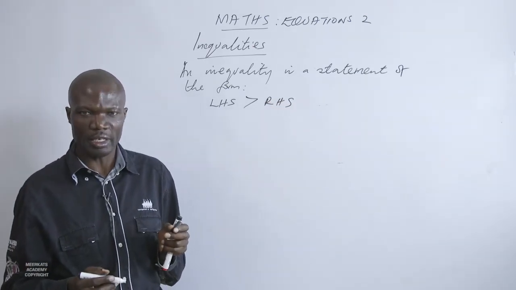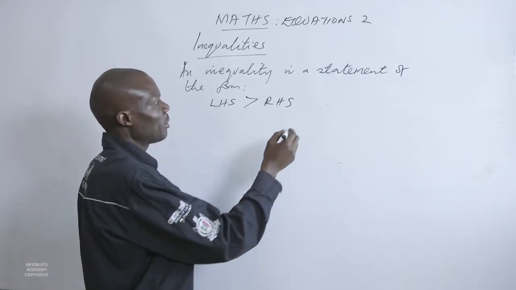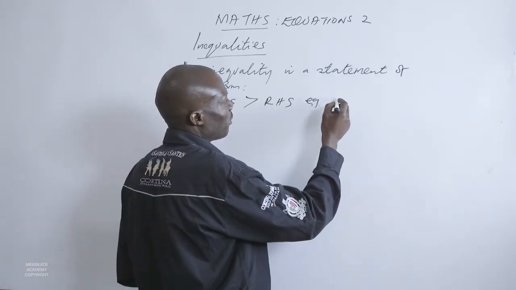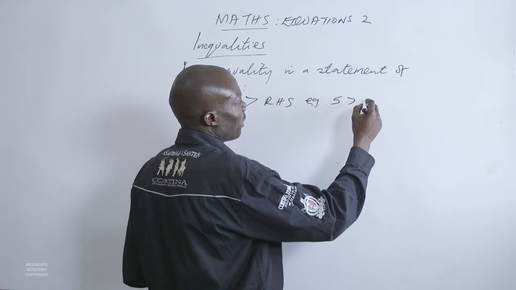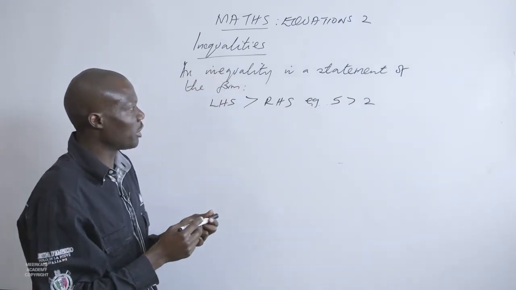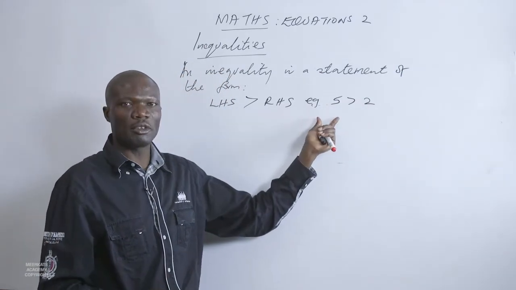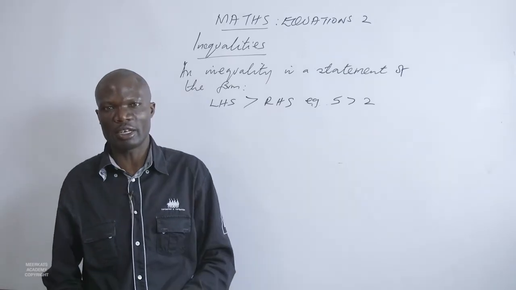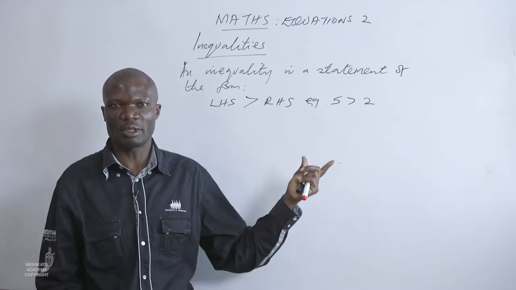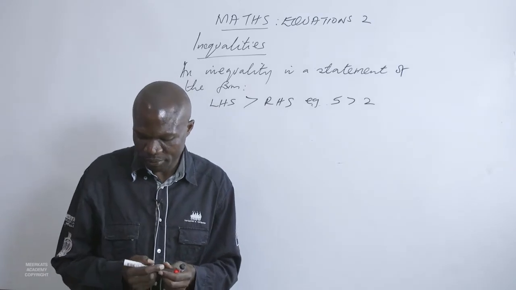And when you talk like that, how do you represent that? A good example would be, if we have on the left 5 and on the right we have 2, then we can say what is on the left, that is 5, is greater than what is on the right, which is 2. That is a statement, that is an inequality.